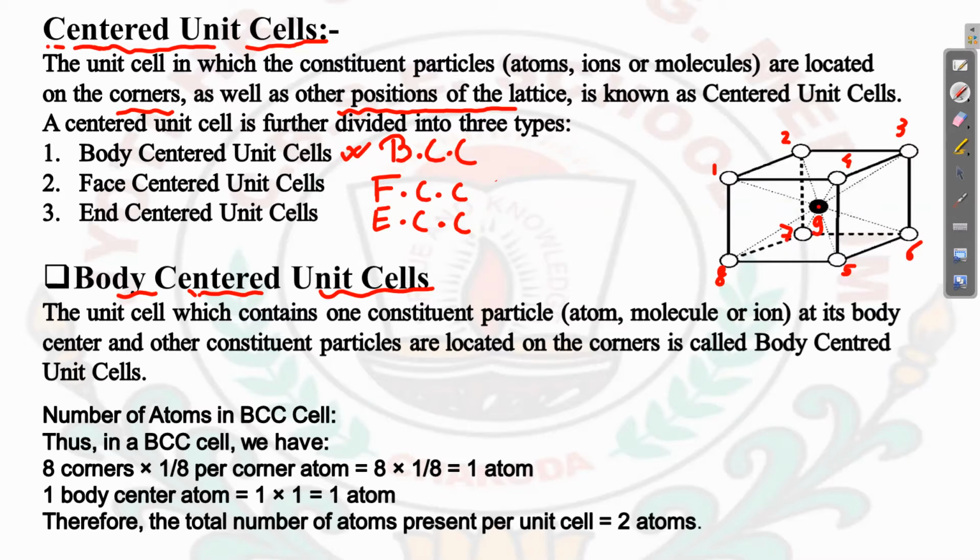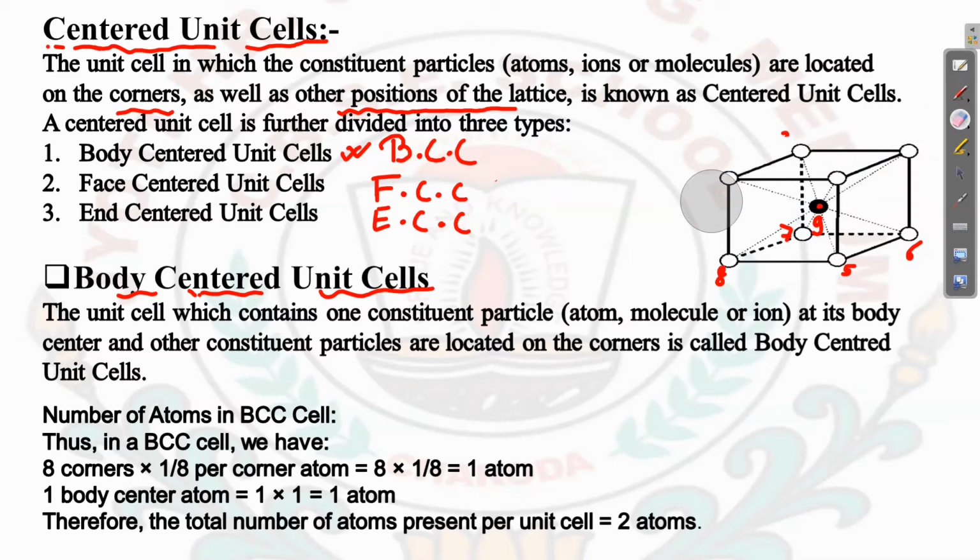This type of unit cell, in which eight corner particles are present and one particle is present at the center of the body, is known as a body centered unit cell.